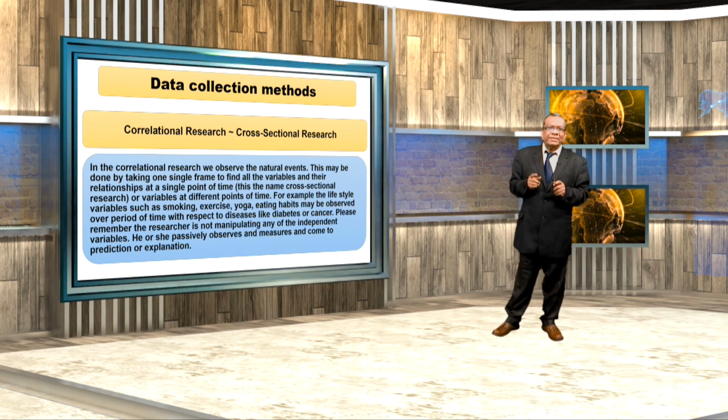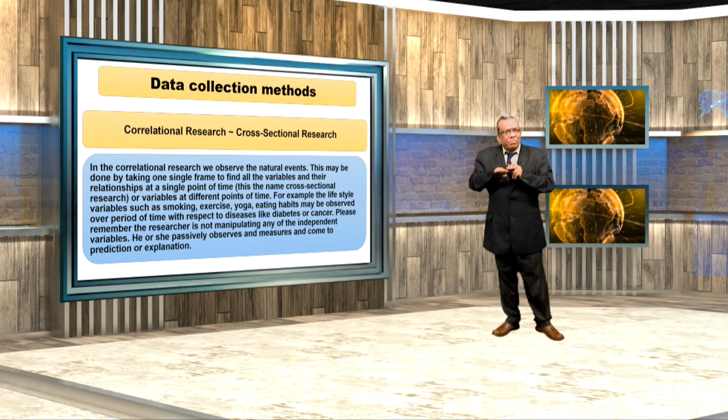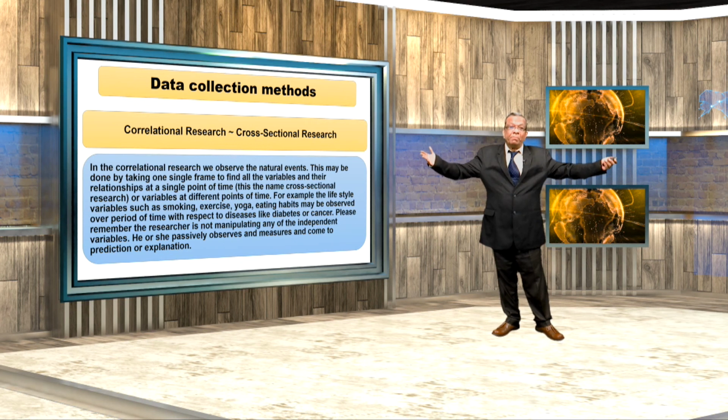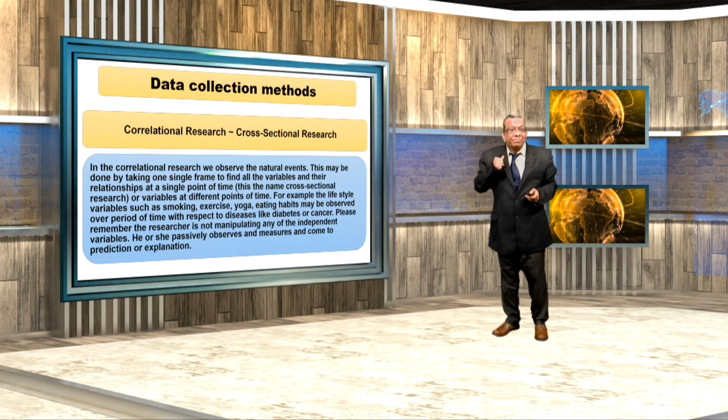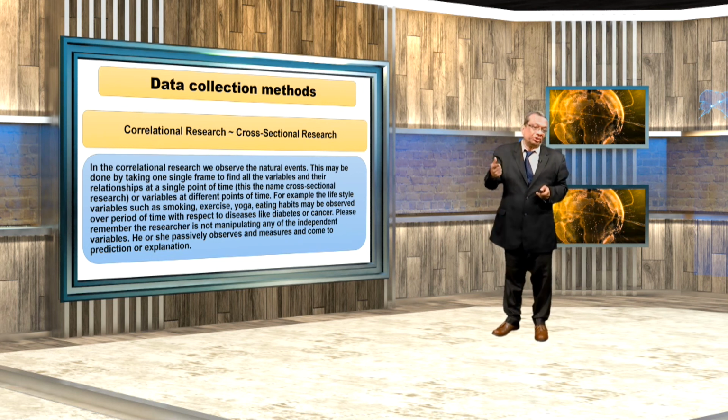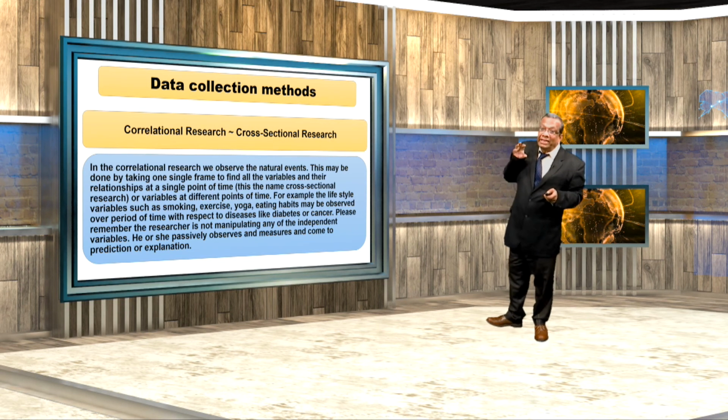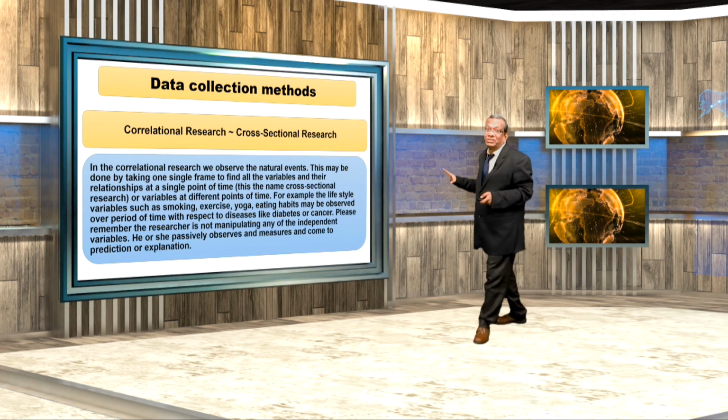Please remember, the researcher is not manipulating any of the independent variables. He just observes and then collects the data. He or she passively observes and measures and comes to a prediction or explanation. This is correlational research and cross-sectional research.